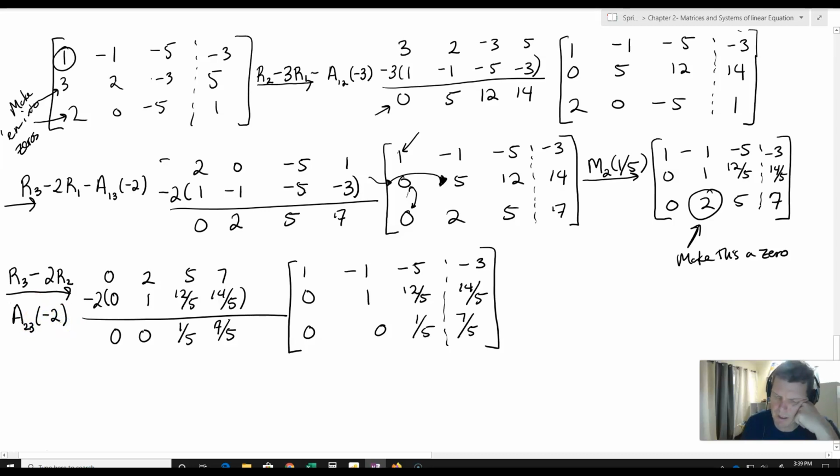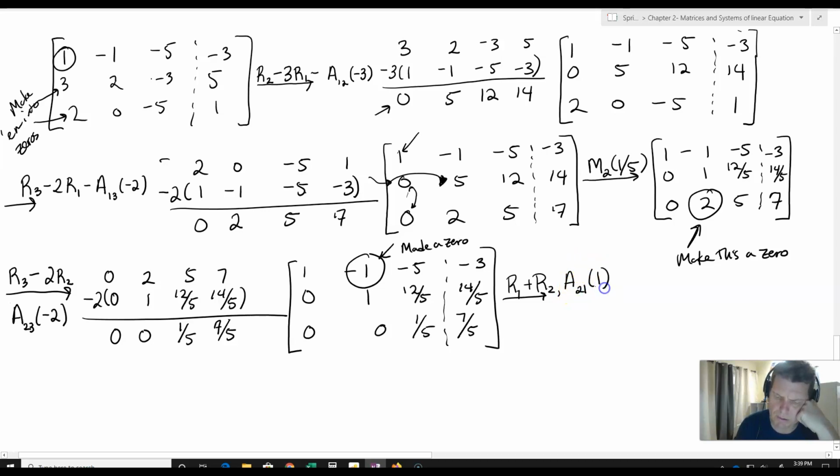Okay. Next up, I need to get a 0 here. That needs to be made a 0. And so what I'm going to do is I'm just going to add row 1 and row 2. Add row 1 plus row 2. And that's add row 2 in row 1.